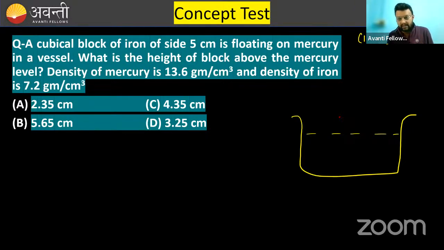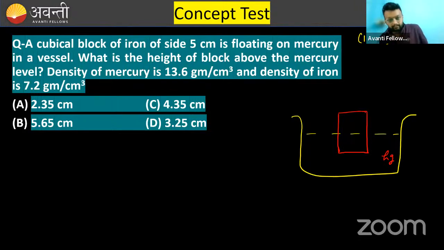I'm not drawing the complete cube, just the front view like this. Some portion is inside, some portion is outside. They are asking the height of the block above the mercury. This is mercury, Hg.